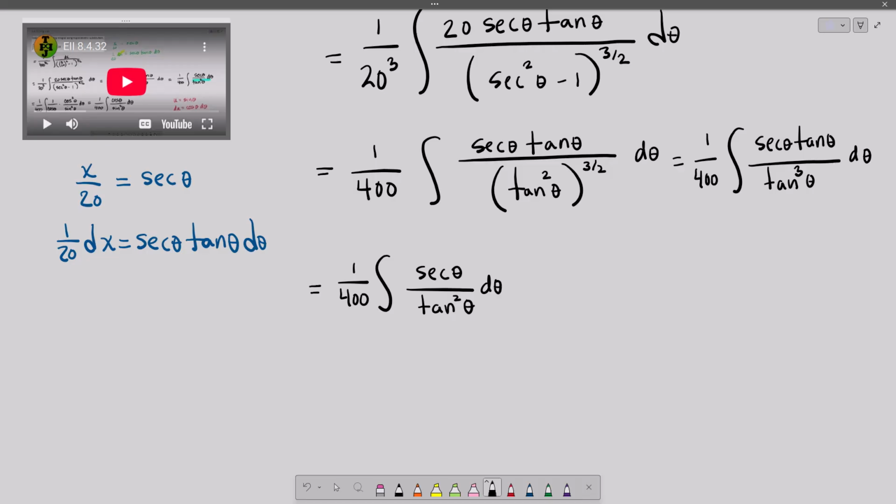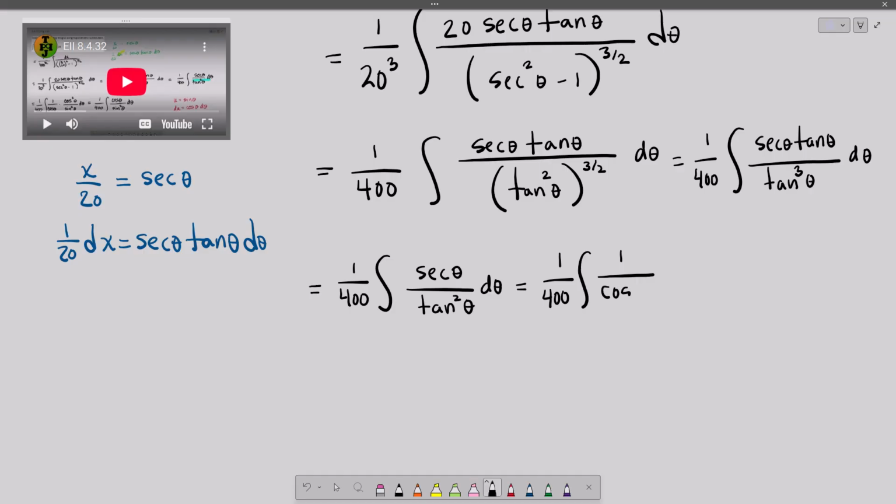The other option is turn everything to sines and cosines. Right? So let's do that. So convert to sines and cosines. So in the numerator, we're going to have 1 over cosine. Actually, I'm going to multiply by the reciprocal of the denominator, so let's just do it like this.